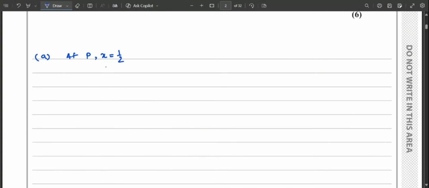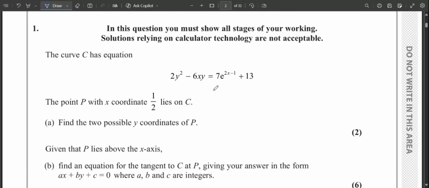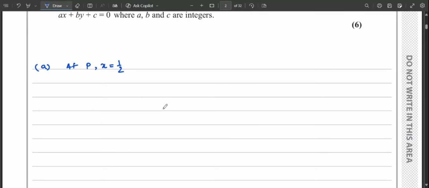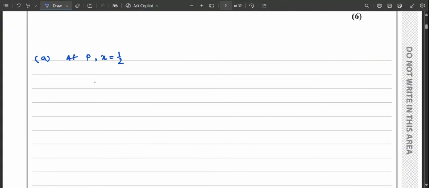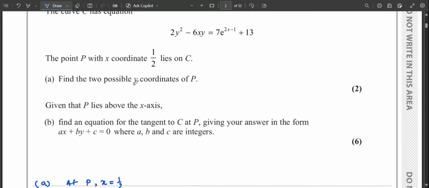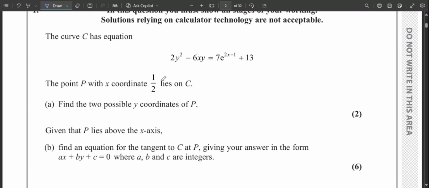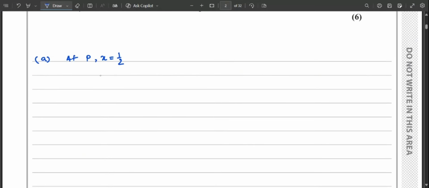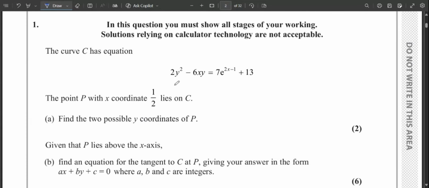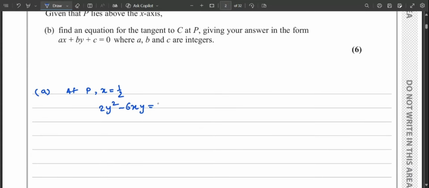Substituting this value of half in our equation for curve C will give us the y coordinates of P. So let me write out our equation for our curve. 2y squared minus 6xy is equal to 7e to the power of 2x minus 1, plus 13. This is our expression.